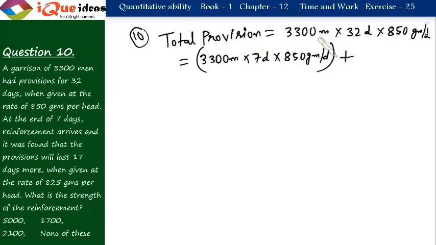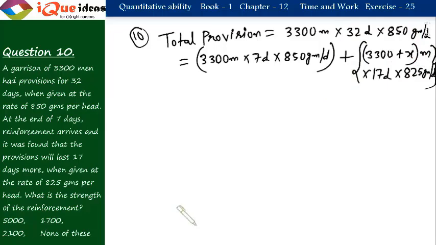This whole thing plus, when the reinforcement comes, let's say the strength of reinforcement is x. So the number of people will become 3,300 plus x men, and the whole provision will last for 17 more days. So into 17 days, and given 825 grams per day, right? So this is the second part.